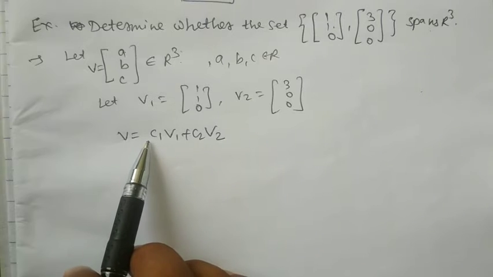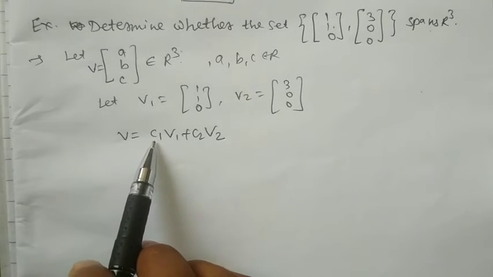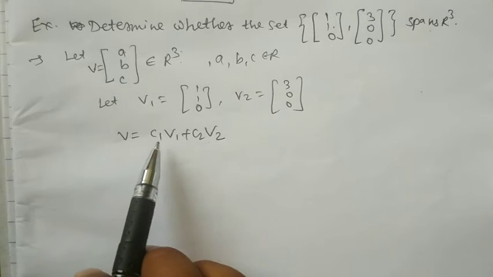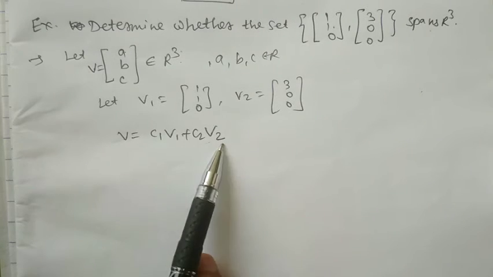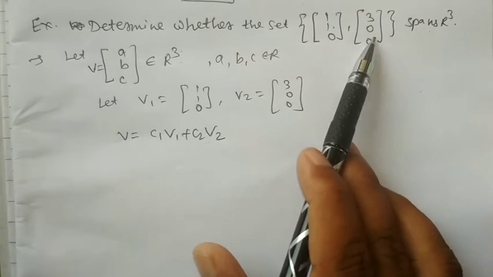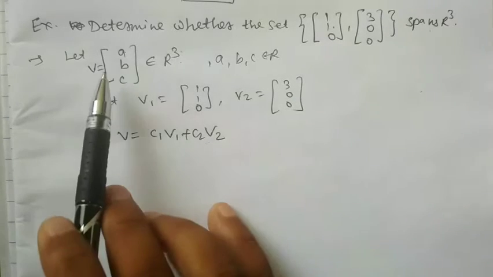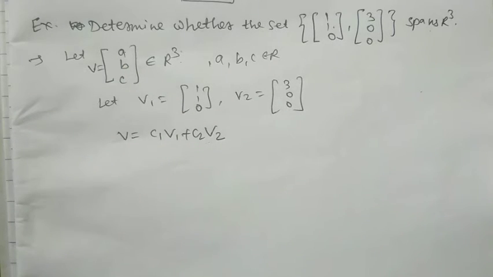If we are able to find real numbers C1 and C2 such that V equals C1 V1 plus C2 V2, then we can say that these two vectors span R cube. So we try to find the values of C1 and C2.